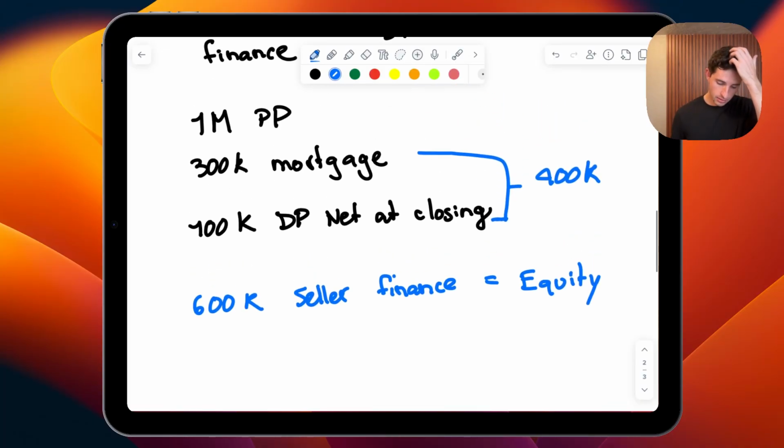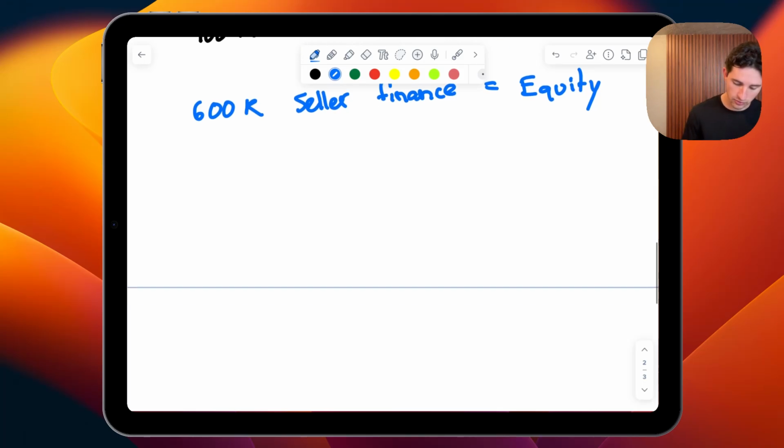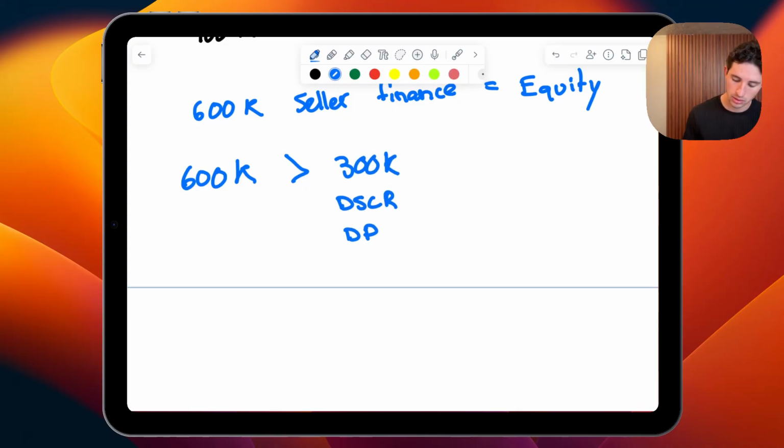So let's use the formula. 600k must be higher than 300k, which is the DSCR down payment, plus closing cost of 5%. Let me pull my calculator right here. It's 1 million times 0.05, 50,000, plus the transactional lending fees.